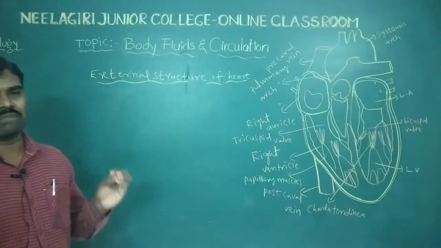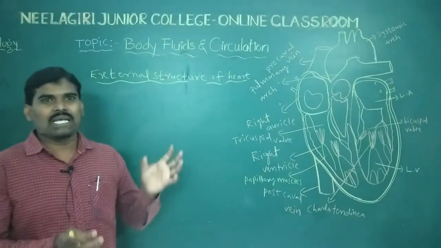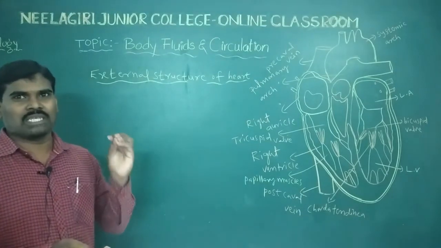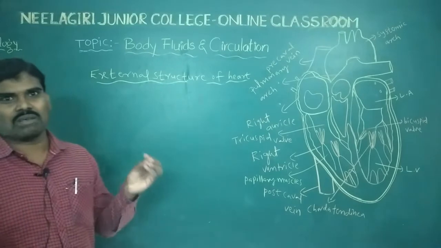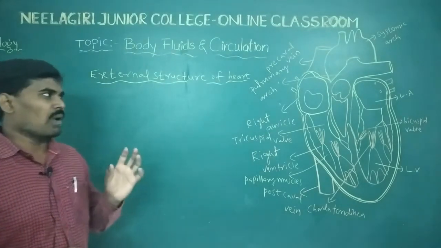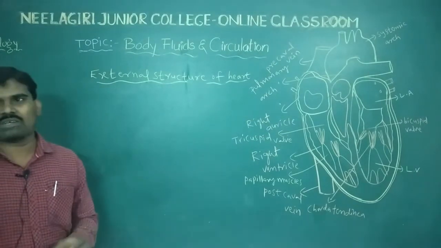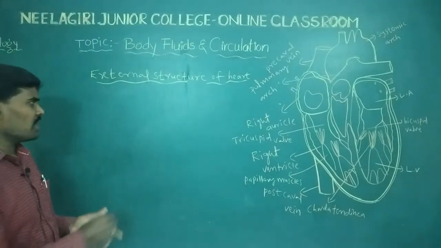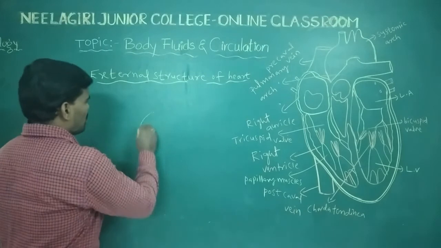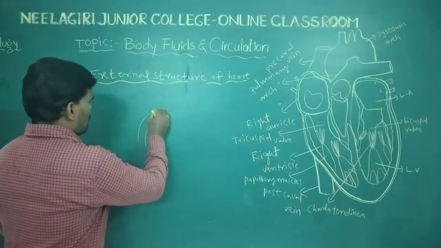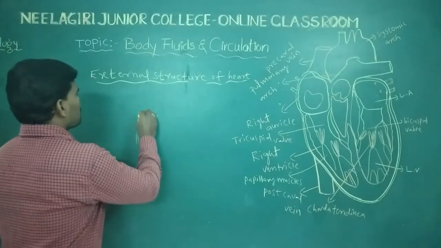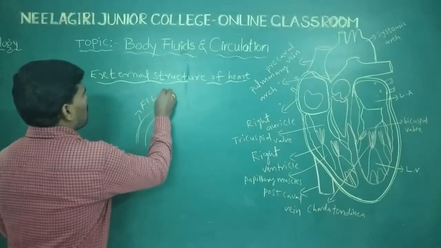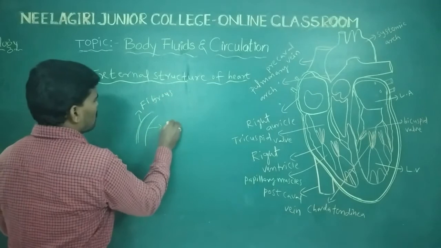So the heart is muscular, pulsating, and originates in the mesoderm layer. Now, the external structure of the heart. The heart is a muscular organ. The heart is covered by two walls, the fibrous and the serous.